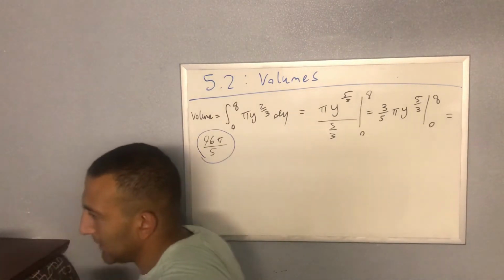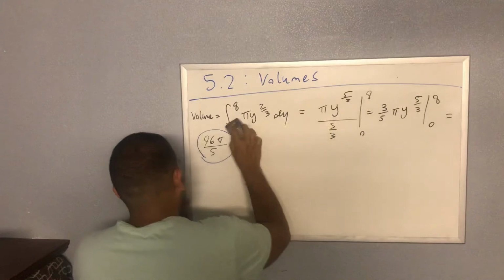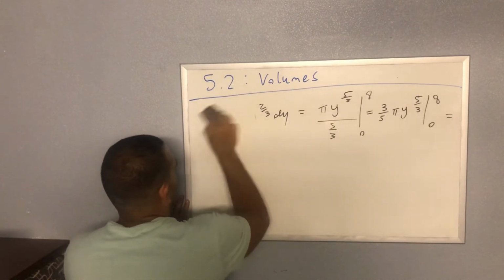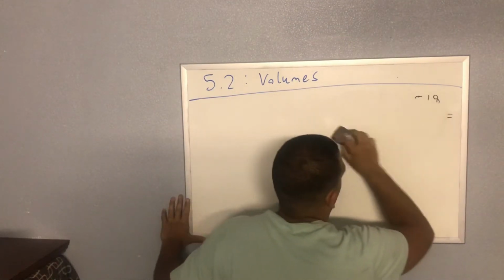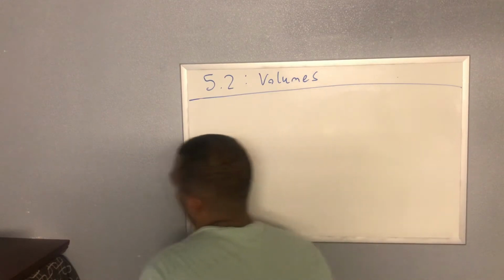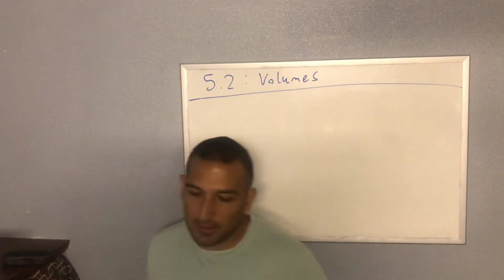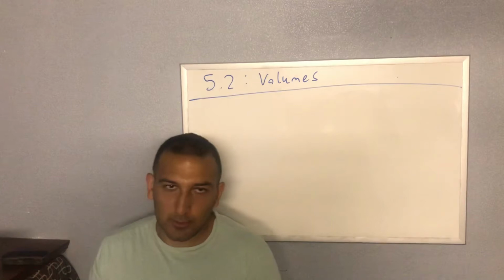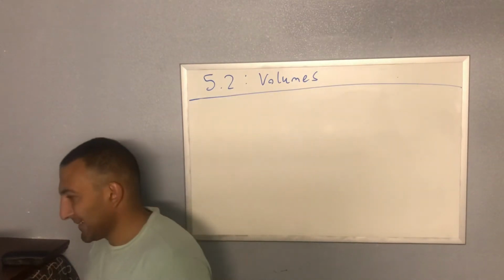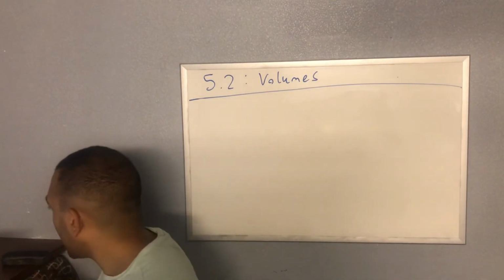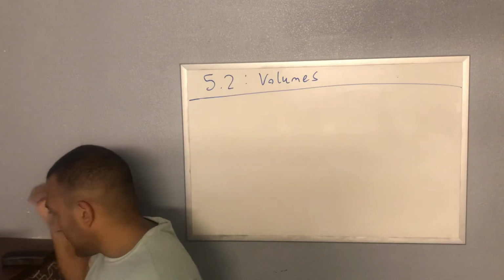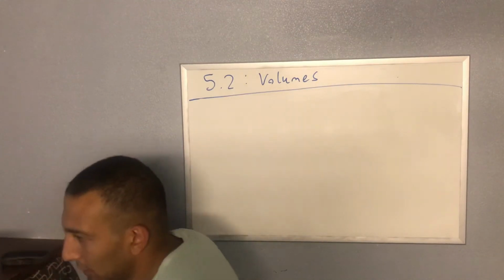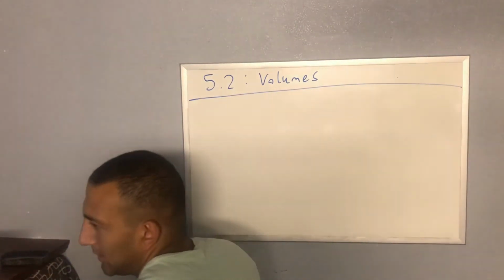So now we're going to get into something slightly more complicated. What if our region isn't always so nice? It has like a gap in it, and you'll see what I'm talking about. So let's do this.